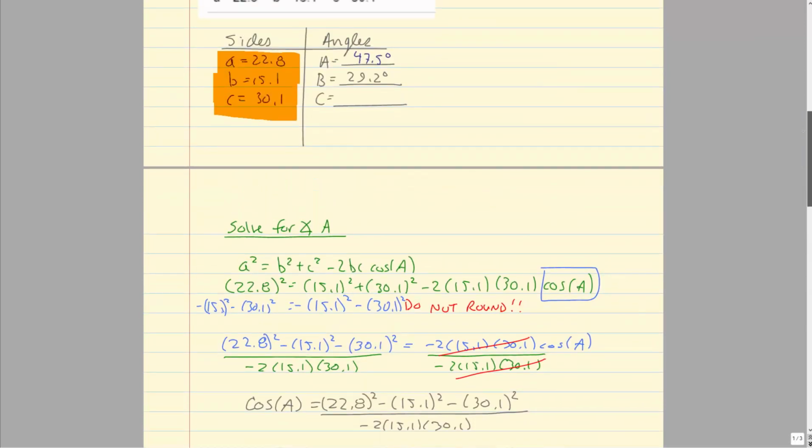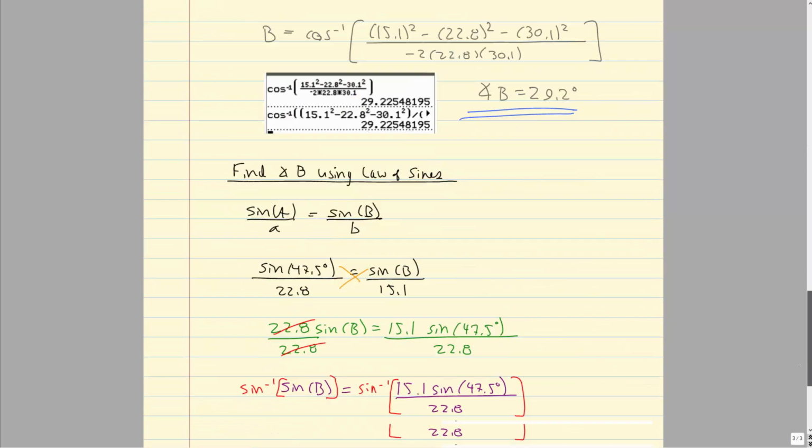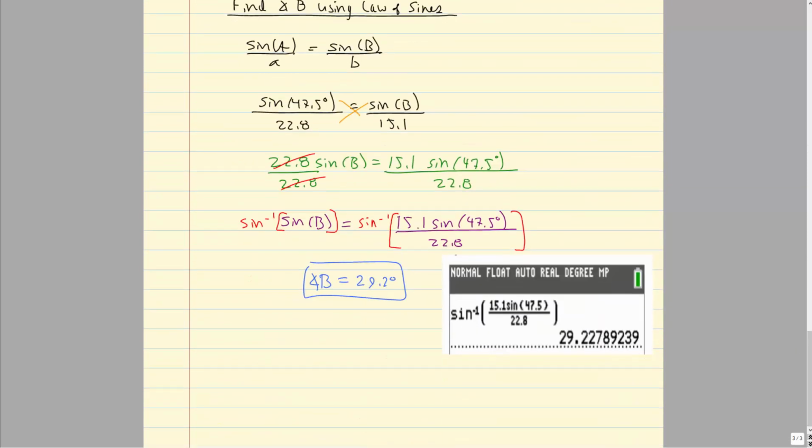So the last thing we need to do is find angle C. Well, angle C would just be 180 degrees minus these two angles. So let's go ahead and find angle C. So again, 180 degrees minus 47.5 degrees minus 29.2 degrees.